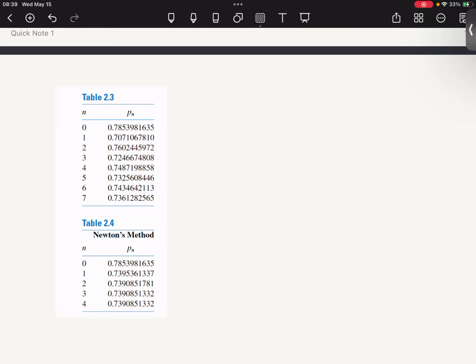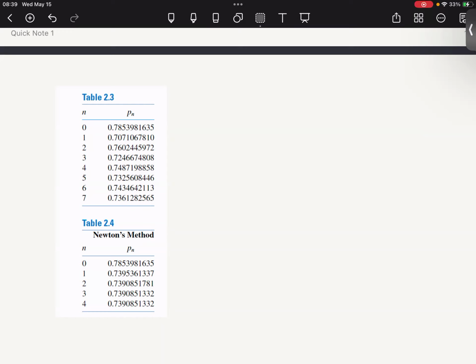But actually, you will find out that Newton's method is very powerful. We can stop the iterations just here with 4 iterations. But for the fixed point method, you have several iterations, and it's not even getting a good solution, not as good as we have in Newton's method with these 4 iterations.